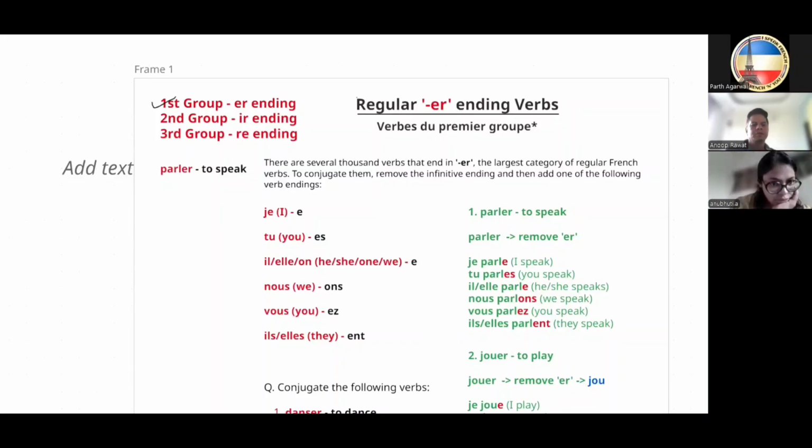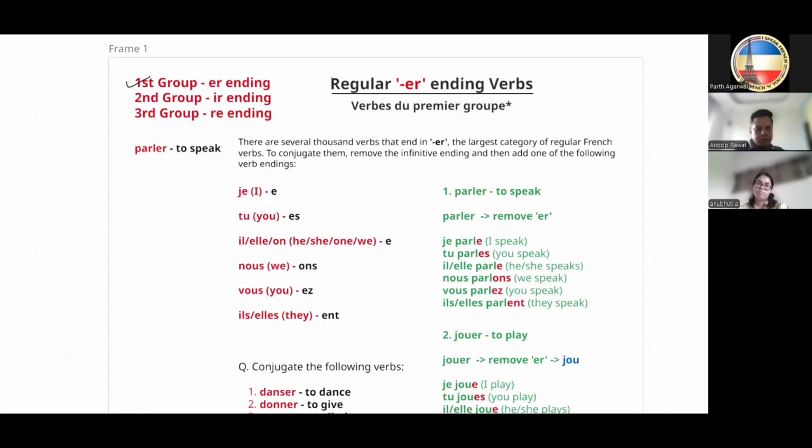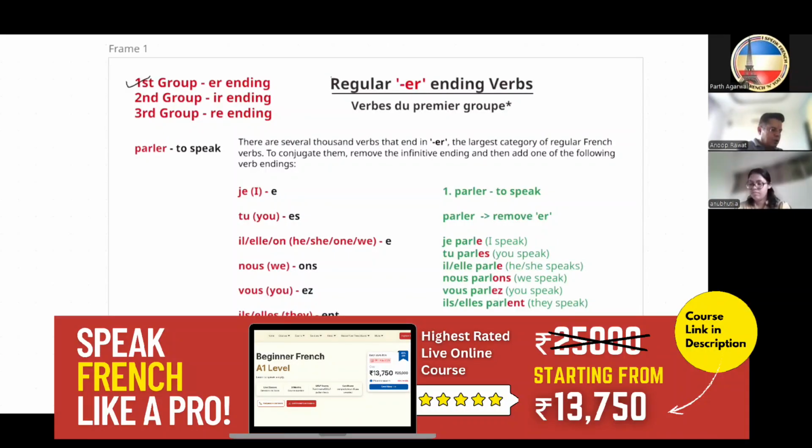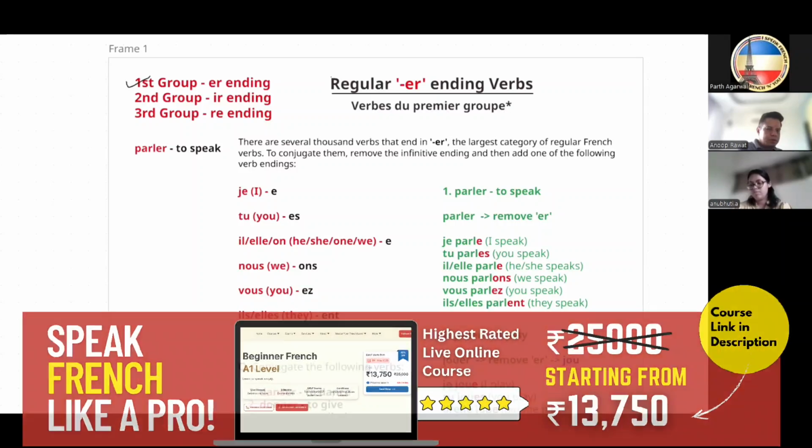Right? But we further categorize them into two parts, regular and irregular, right, Anup? So être and avoir, these are irregular verbs. Now the difference between regular and irregular verbs is that regular verbs have a set specific pattern of conjugation.